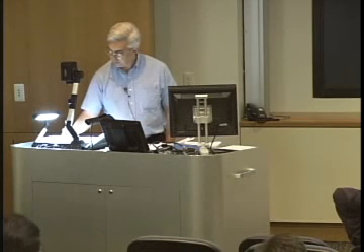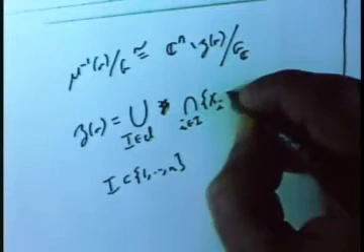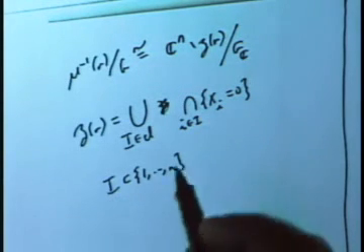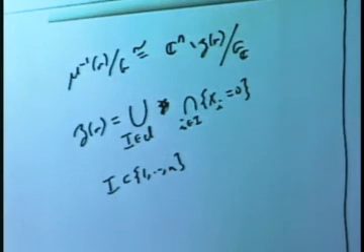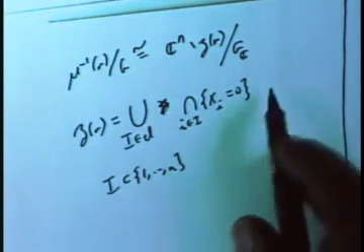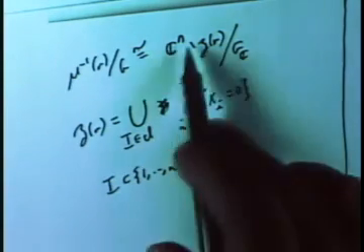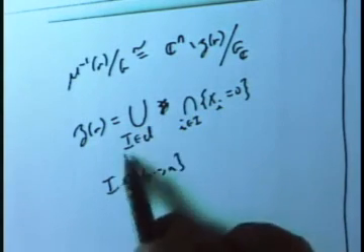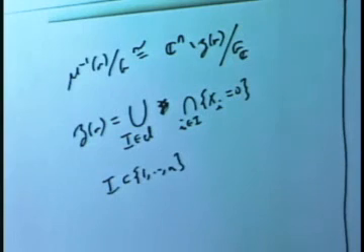So I take each I to be a subset of I1 to In, and I take the intersection of I, the set where Xi is equal to 0. So there are various subsets which are going to be determined somehow by this data. I'll explain how in just a moment. We take the common zero locus in Cn of setting those particular homogeneous coordinates equal to 0, and then we take the union over a certain finite collection of these things, and that's how we determine Z of R.